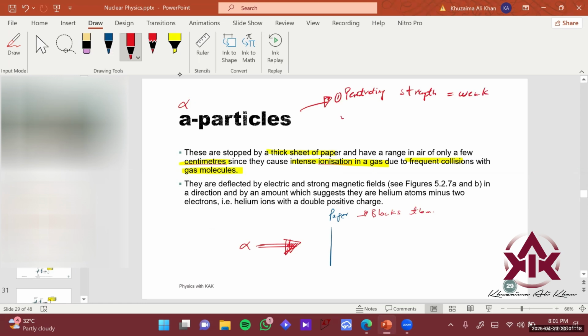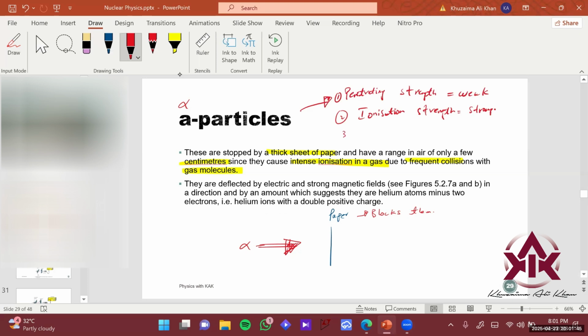Because of their ionization strength, that is, how strongly it causes an atom to lose electrons. So it has a very strong ionization strength. That is why it cannot move further away, because it is causing the atoms nearby to ionize and it cannot travel further away, right?